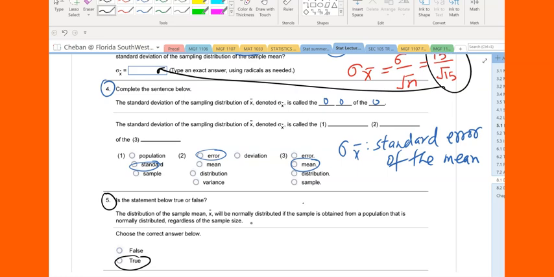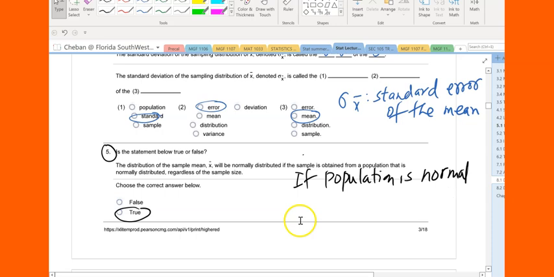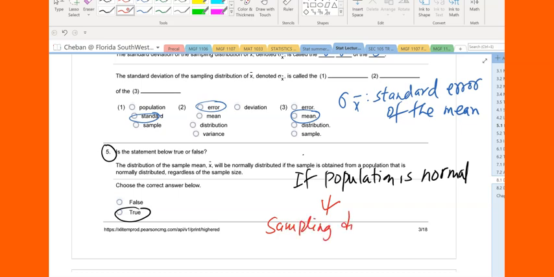In other words, if the population is normal, then the sampling distribution of the sample mean is always normal, regardless of sample size. Therefore the sampling distribution is always normal.